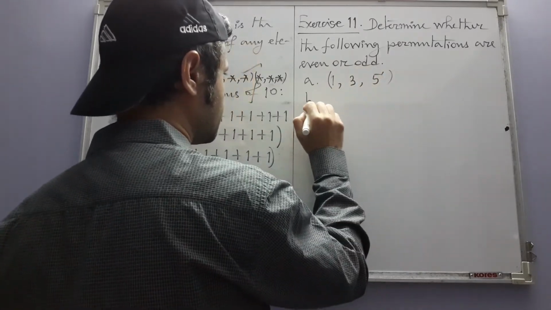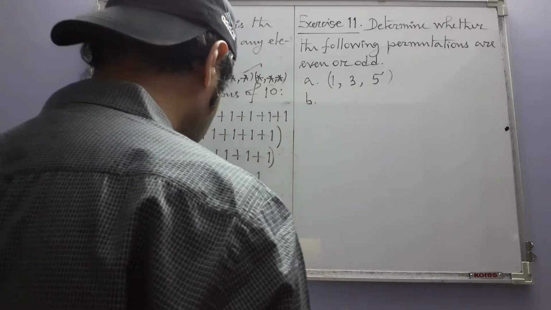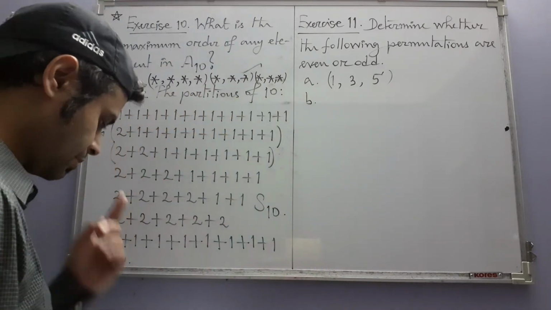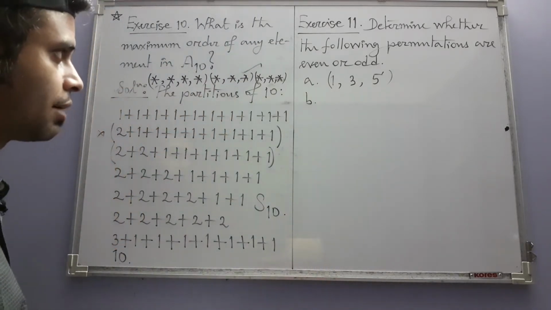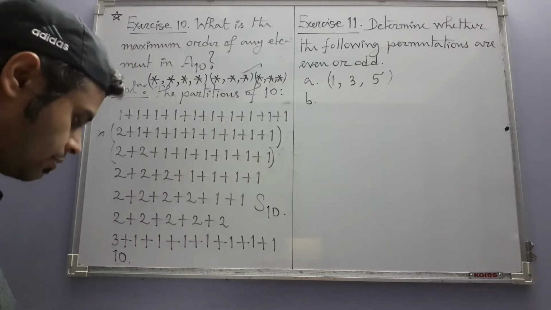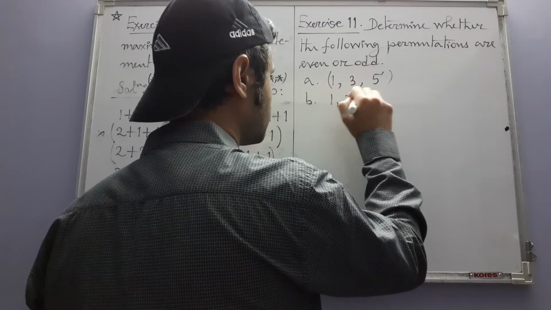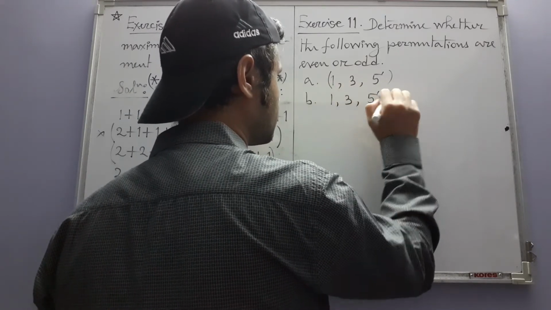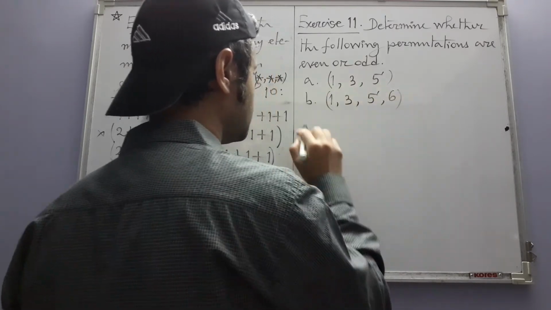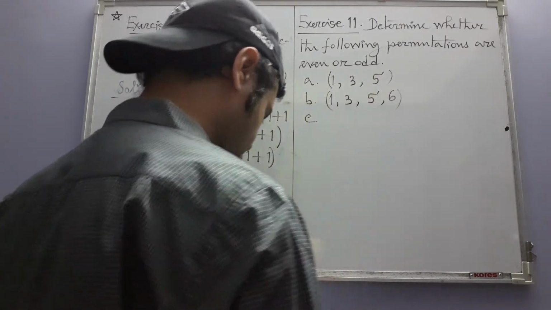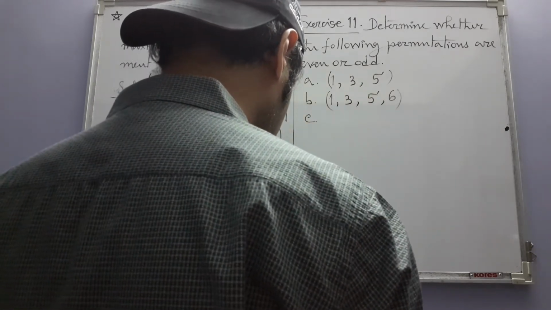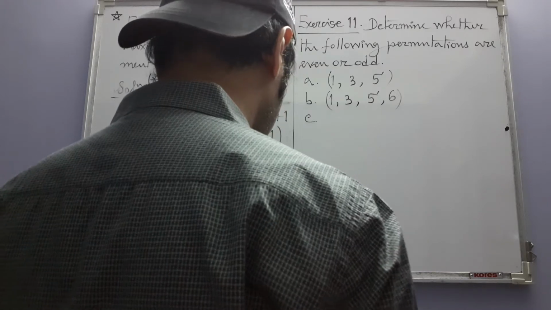In the text, of course, the author is not using commas. However, as we said earlier, to avoid confusion, we are going to use commas. 1, 3, 5, 6. 1, 3, 5, 6, 7.